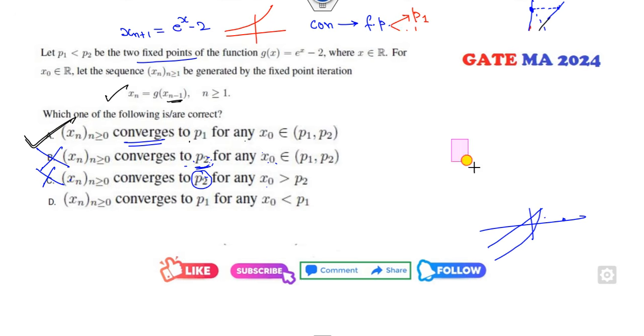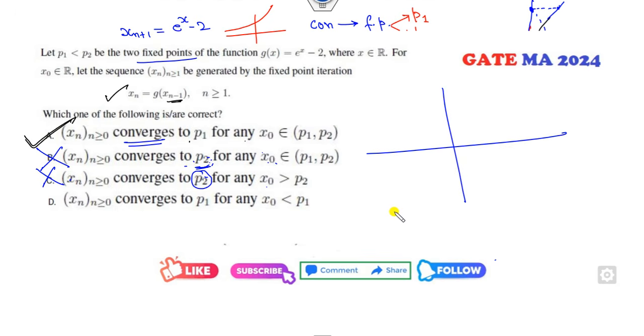Now look at this. I can again draw the diagram for this last case. Again the same diagram. This is my x square, and this is my fixed point. This is my P1. This is my P2. If you choose any point x naught which is less than P1, this is my x naught.